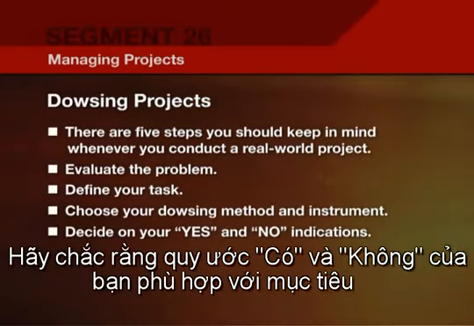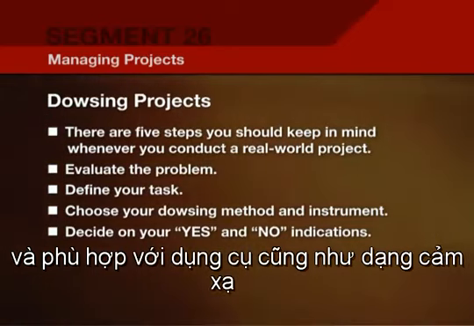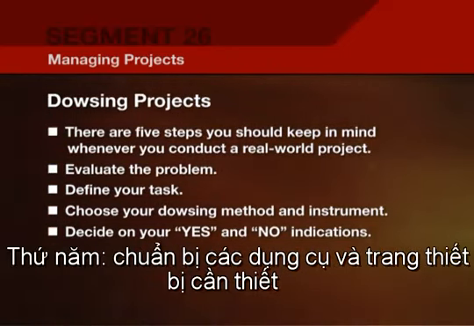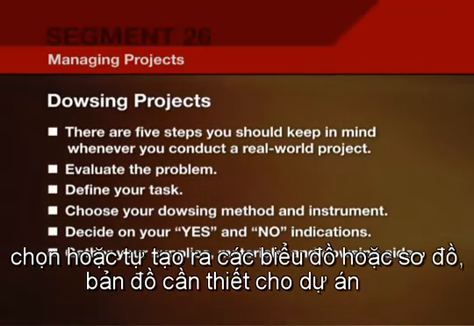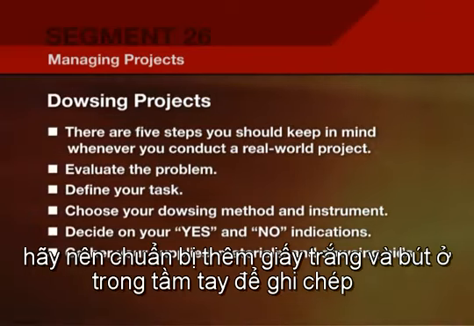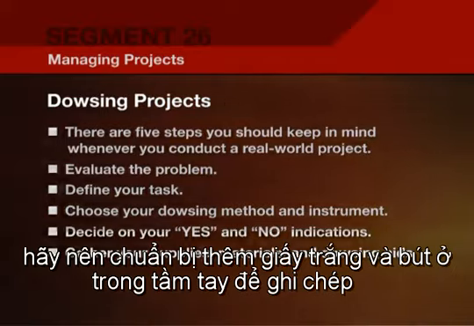Make sure your yes and no indications make sense and can be used with the form of dowsing and device you have selected. And finally, gather your supplies, materials, and dowsing aids. Select or create the appropriate maps or diagrams if those will be needed for your dowsing project. Don't forget to have additional materials such as bond paper and pens within reach for immediate use if necessary.